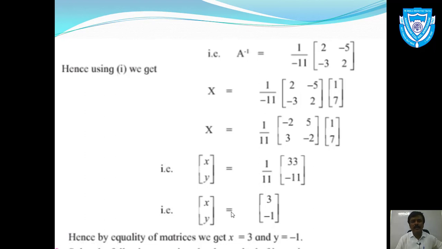If two matrices are equal, their corresponding elements are also equal. So you can directly say that small x is equal to 3 and y is equal to -1. This is how we got the values of x and y.